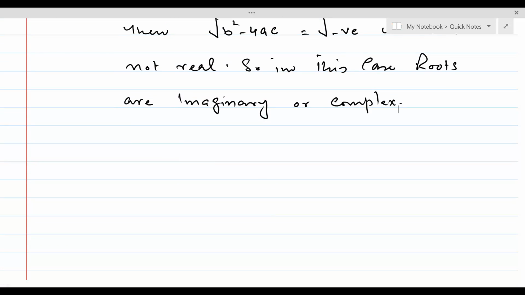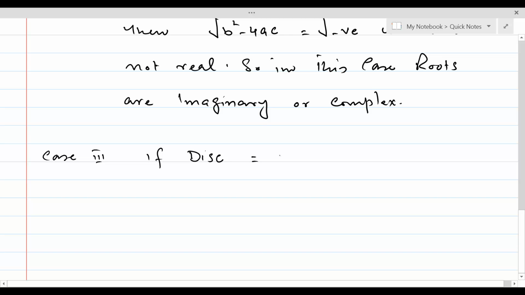The third scenario is case 3, if discriminant, which is b square minus 4ac, is greater than 0.